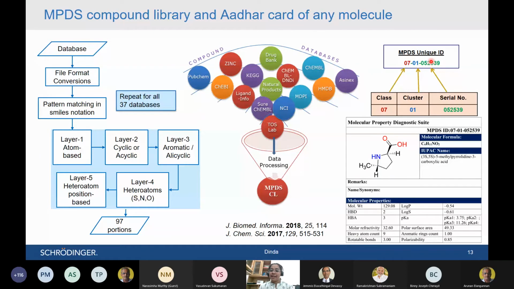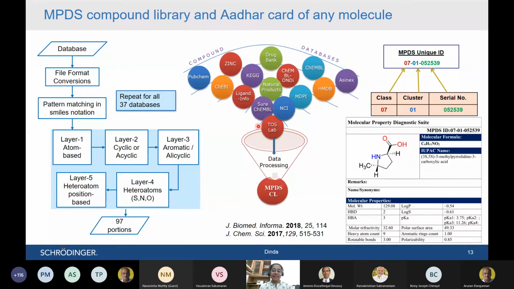You have a card number for the molecule, and that belongs to a class and cluster, and its serial number. Once you click it, you also get several properties, which I'm calling the descriptors. It can show you whether it's drug-like or catalyst-like. This is from around 23 publicly available databases.